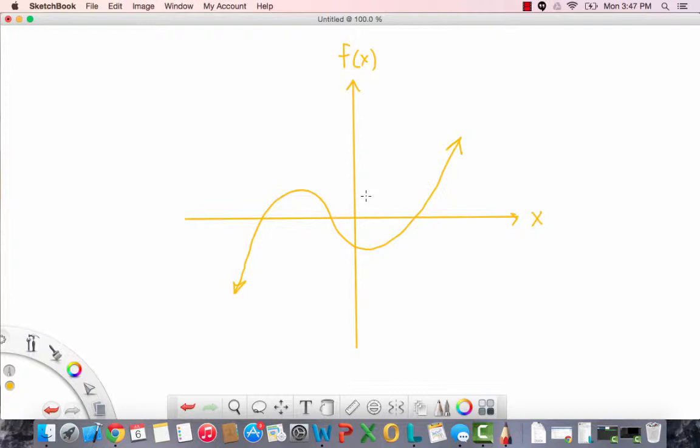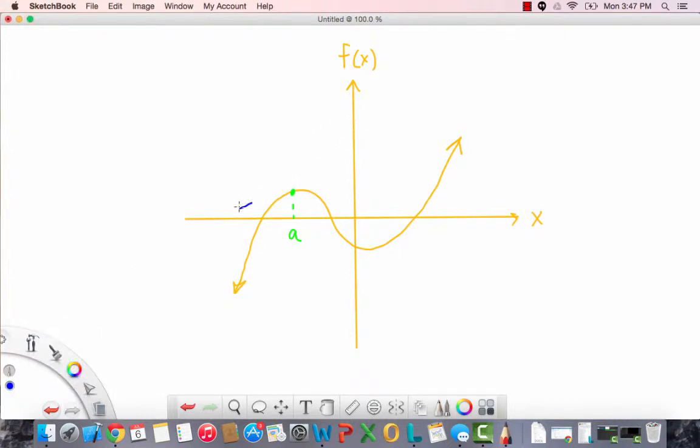So what do I mean when I say I want to find the equation of a tangent line and then graph it? To illustrate the idea, let's just pick a point here on the graph, and I'm going to say that that's at A. In other words, x equals A. And if I want to draw a tangent line, I could do so.